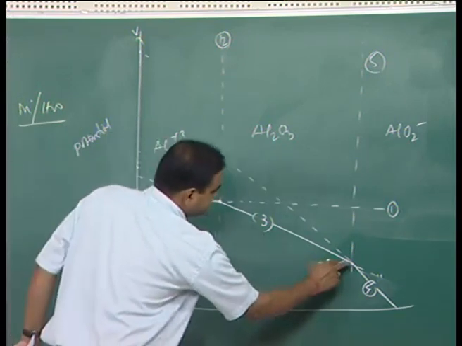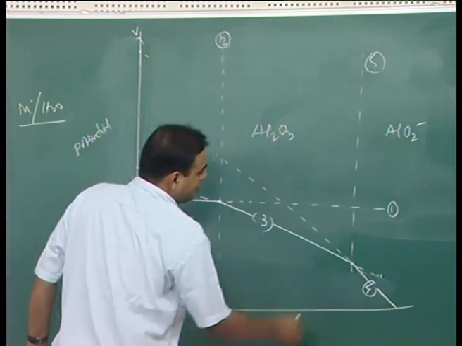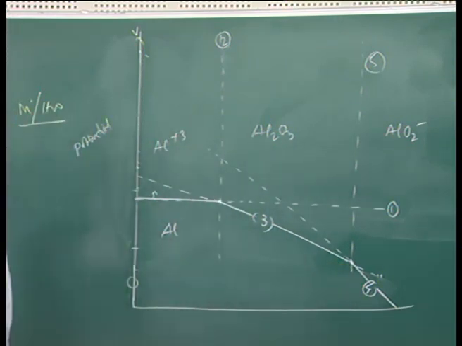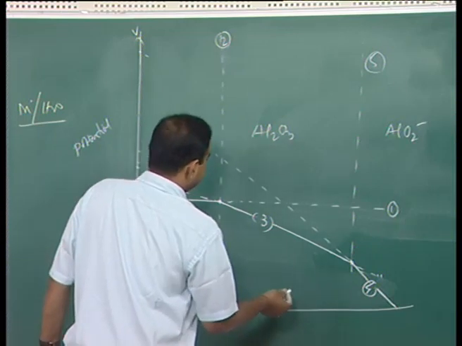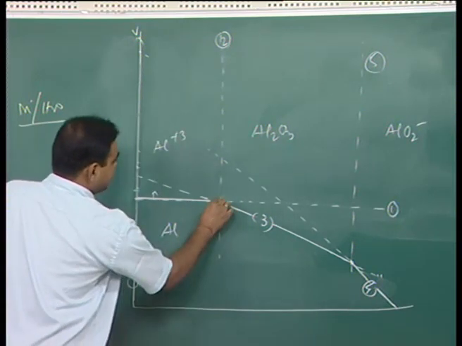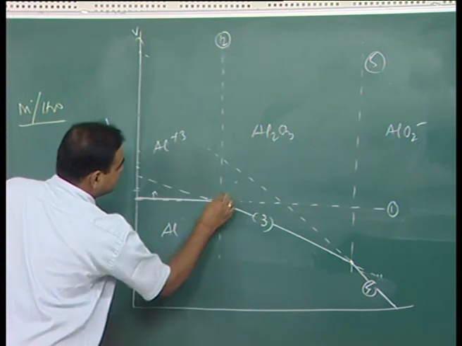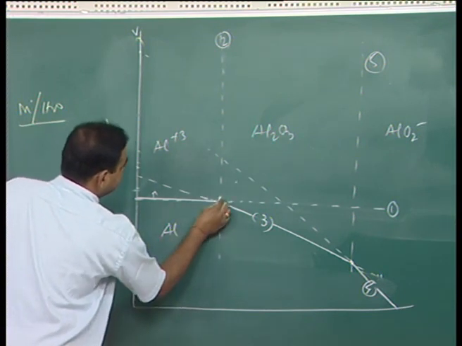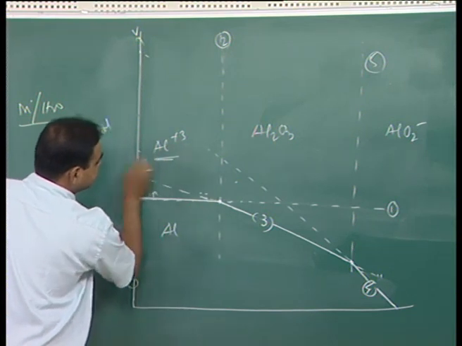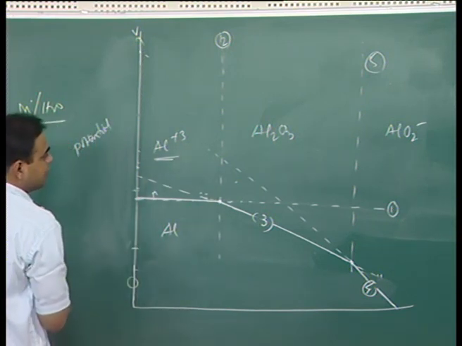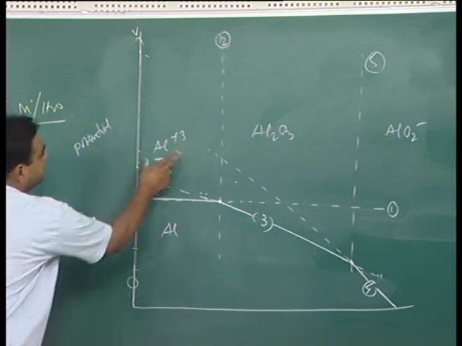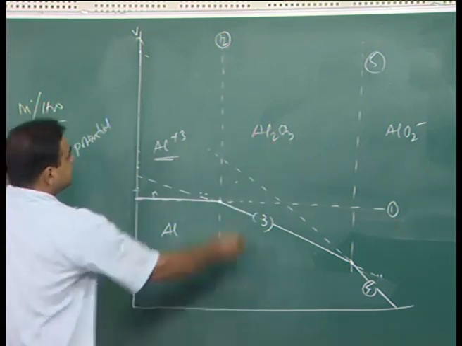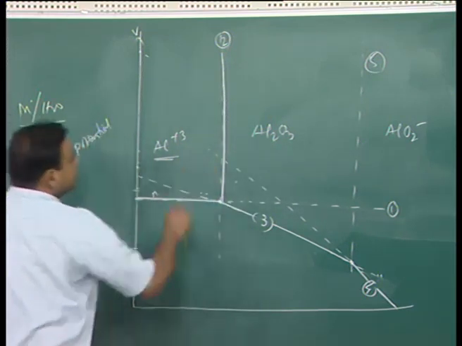and you will see that this line and this line all will intersect at this point, if you take the same activity. Okay. Now we see that above this point, let us say this line Al2O3, the left side of this point would be Al plus 3. So, again we can have a solid line which will demarcate the region between Al plus 3 and Al2O3, then this would be another straight line, another solid line.